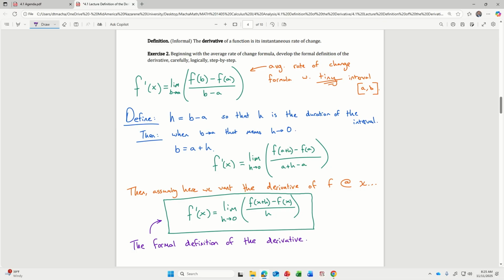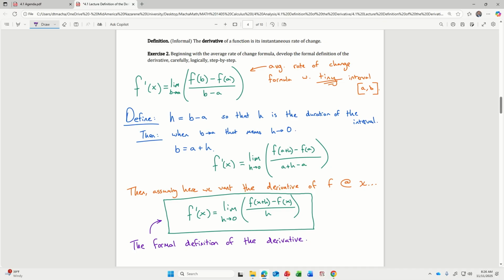On a test question, you would have to show me that you know what I'm talking about here. You have to write enough so I have enough evidence to understand that you understand how you get from this average rate of change formula, where you want the interval to shrink, all the way down to this formula that we're going to use as the definition of the derivative.